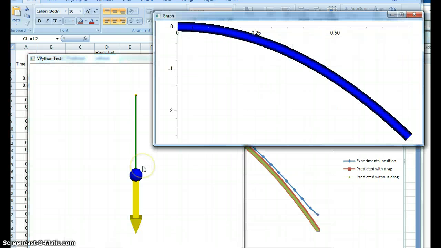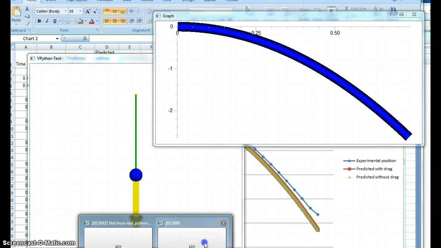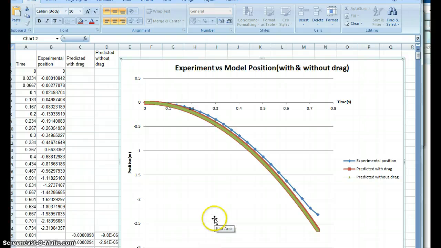If drag was present, I would expect it to pop up here as a different colored arrow. So my data, as currently graphed, appears to show negligible drag force.